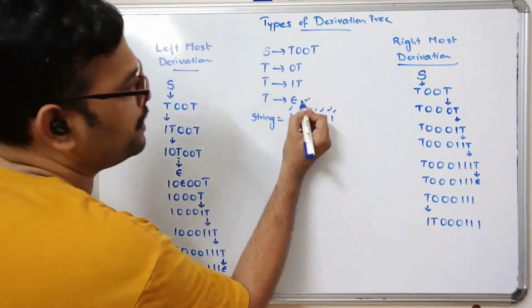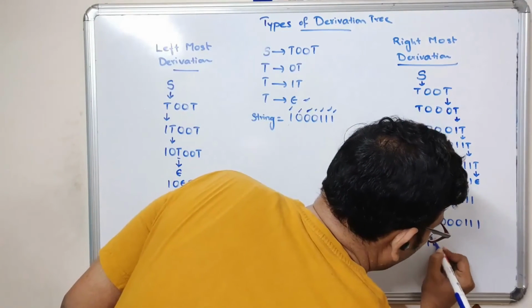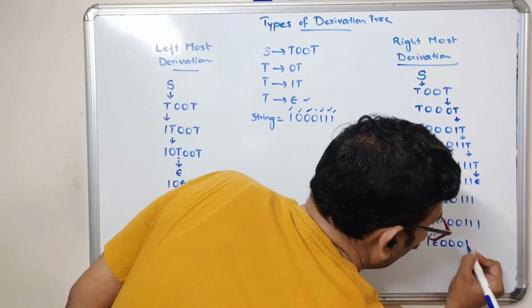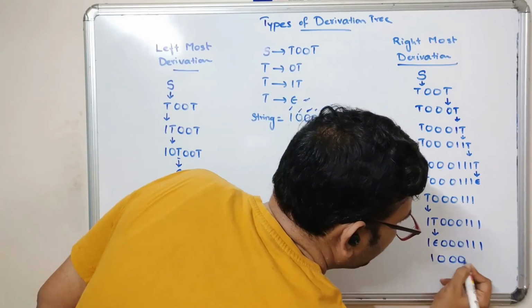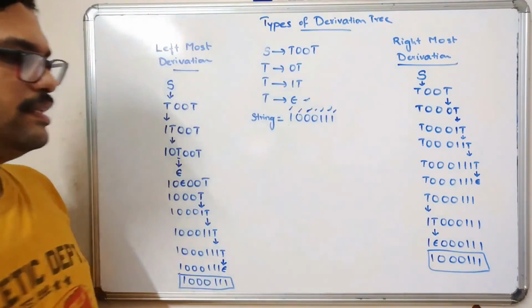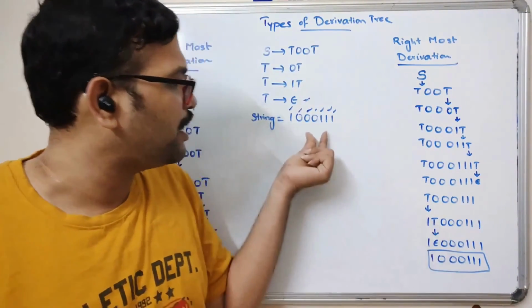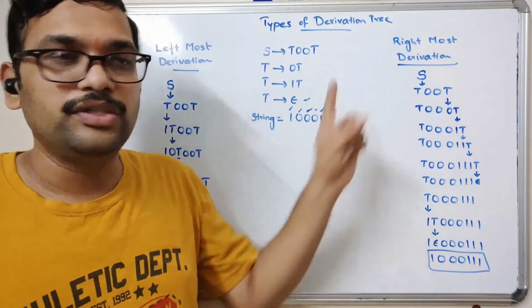So simply you can replace this T with the epsilon, 1 epsilon 0 0 0 1 1 1. So simply the result is 1 followed by 3 zeros and 3 ones. So we have derived the required string using the rightmost derivation.